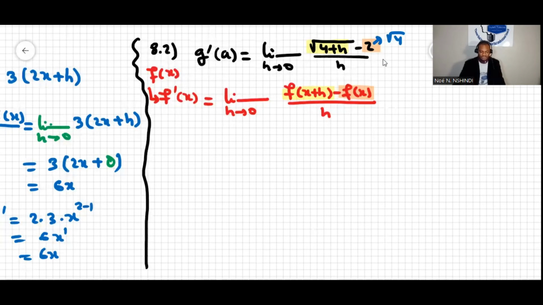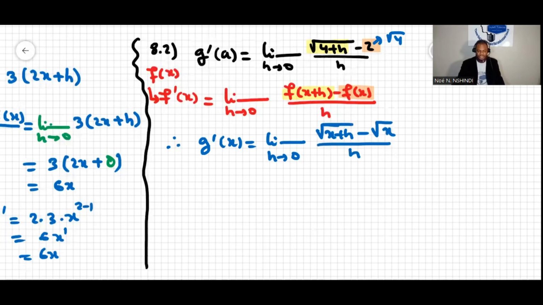So now I understand that g prime of a is just equal to, or g prime of x first, let's work out, will be equal to the limit as h approaches 0 of, g of x was square root of x plus h minus square root of x. It was this.